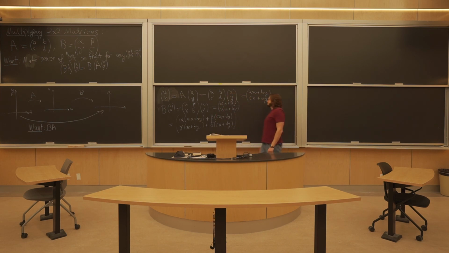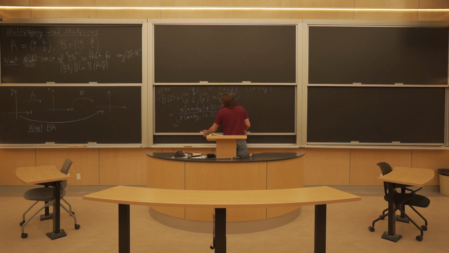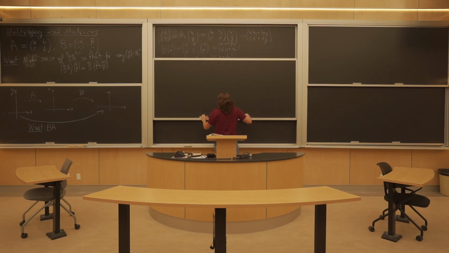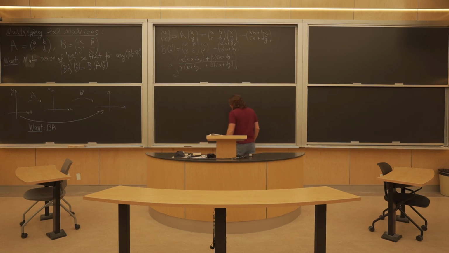Okay? Just substituted things. Now let me expand all this stuff. So let me just draw this bar here to denote that this is a 2 by 1 matrix. It's a vector still. It's just that its entries are sophisticated looking, let's say.